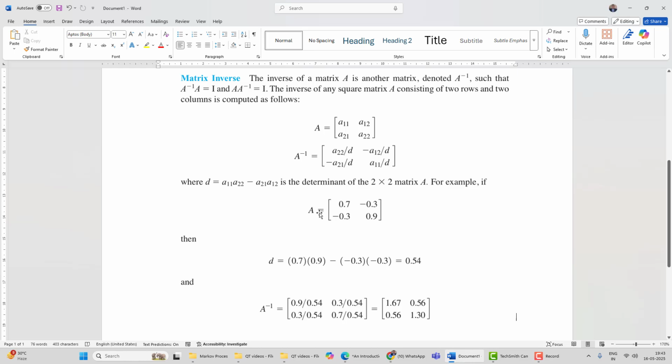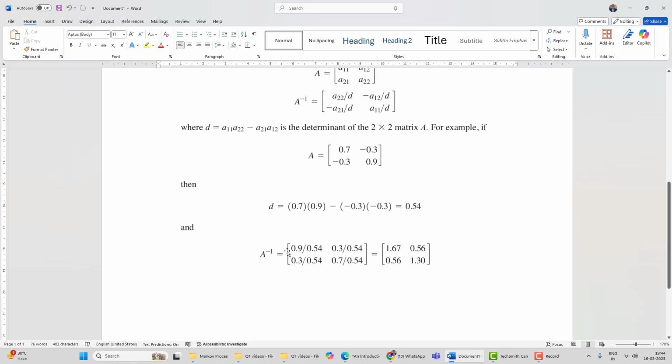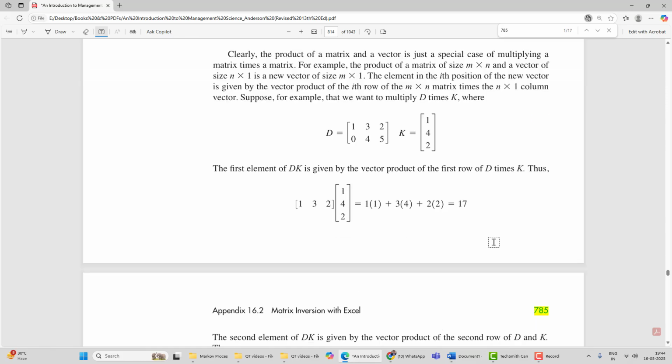So this matrix A gets transformed like this: 0.94, 0.9 divided by 0.54 here, 0.7 divided by 0.54 here, 0.3 you change the sign and divide by 0.54, and this also divided by 0.54. A12 and A21 remain in the same position but change sign. A22 comes here, A11 comes here. So this is how you find the inverse matrix.